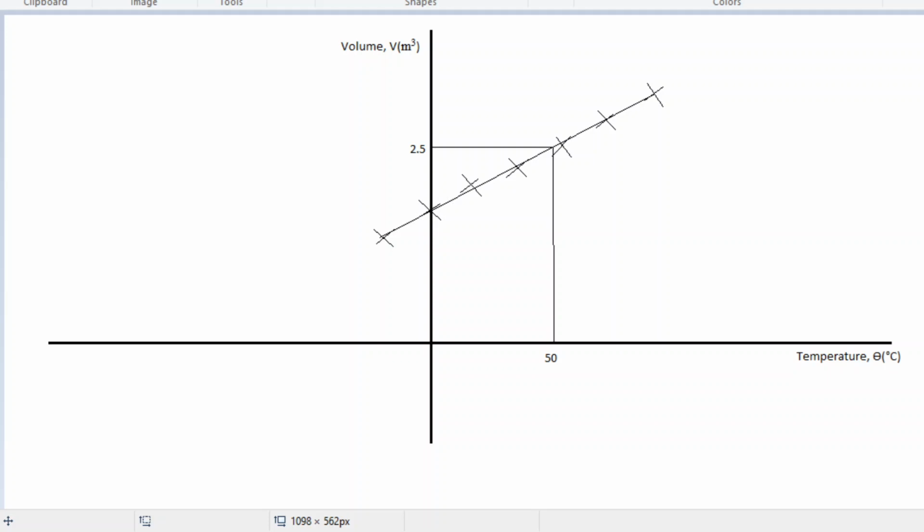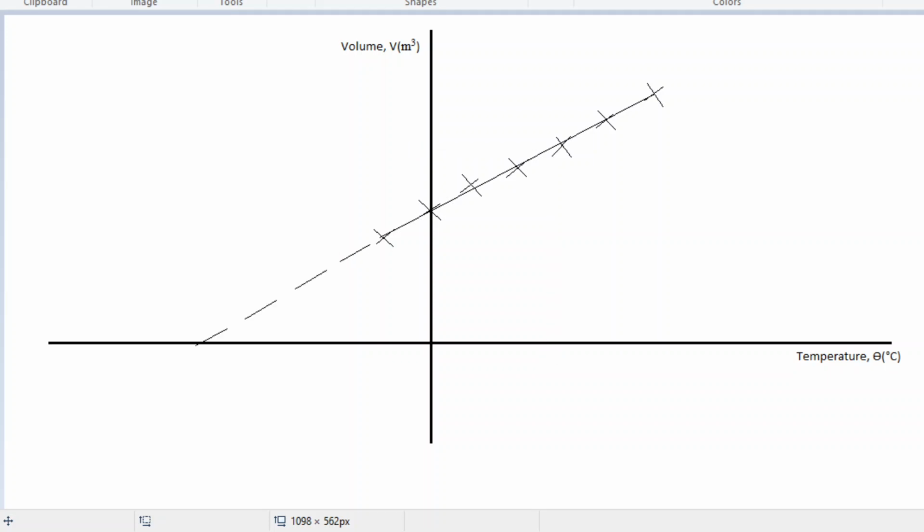So for example, if the temperature was 50 degrees Celsius, it would correspond to a volume of 2.5 cubic meters. So even though it was not one of the points that were plotted, one of the actual values read from the experiment, you could make that prediction with some great degree of accuracy.